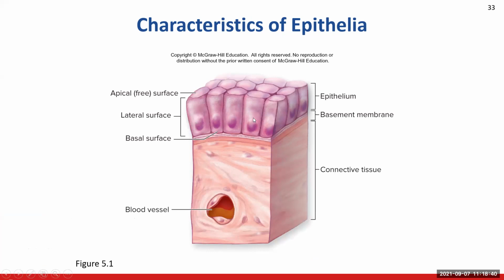And then you have your lateral, the sides here, where we'll have our intercellular junctions. And of course, keep in mind, in all of epithelial tissue, unless it's simple, the basal layer cells are going to contact the basement membrane right here.